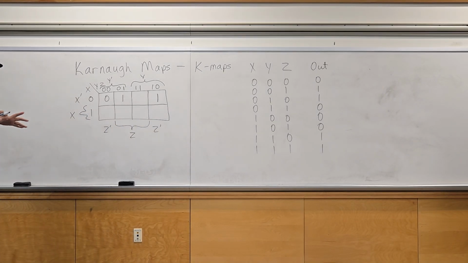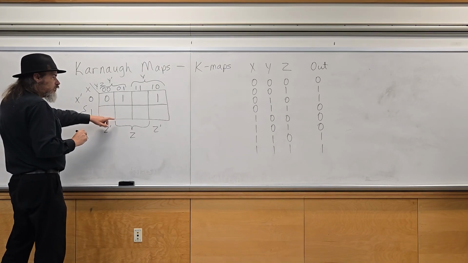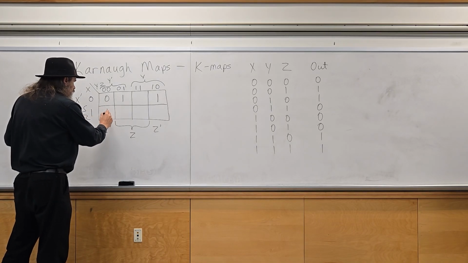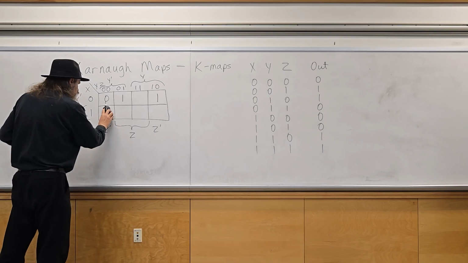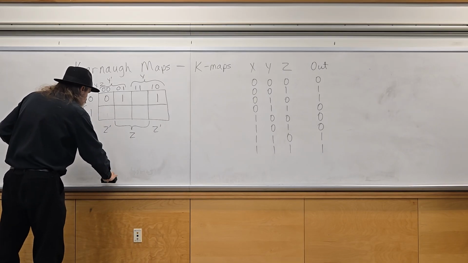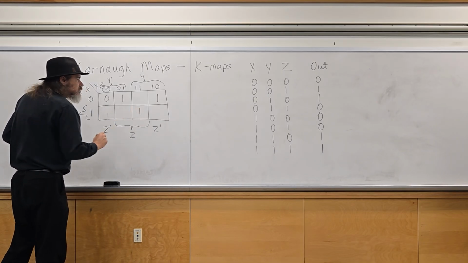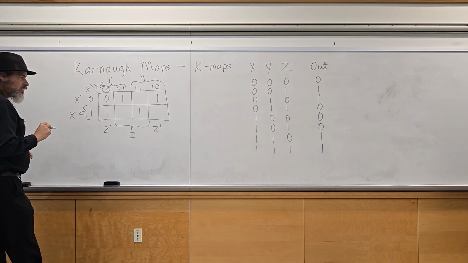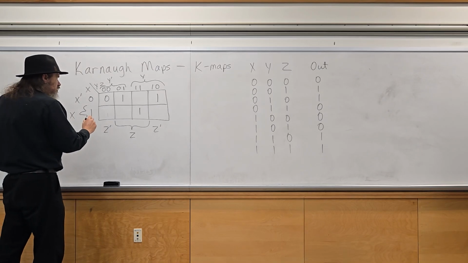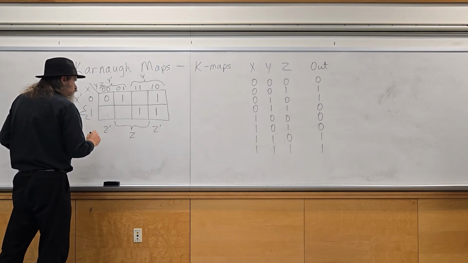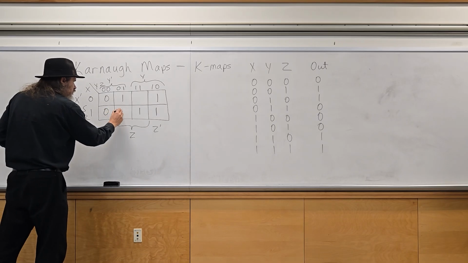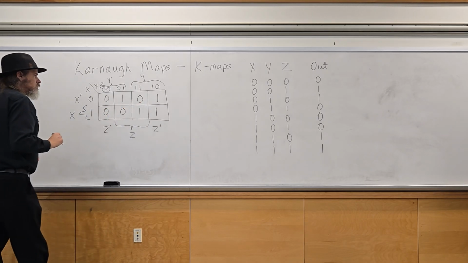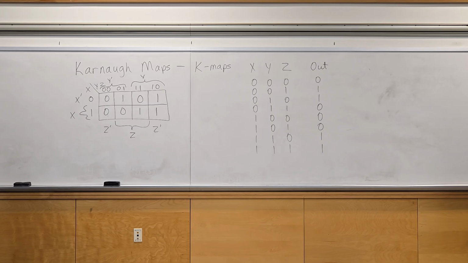Let's just do the ones and fill in the rest with zeros afterwards. And 1, 1, 1 is going to be here. And 1, 1, 0 will be here. And then the rest are zeros.